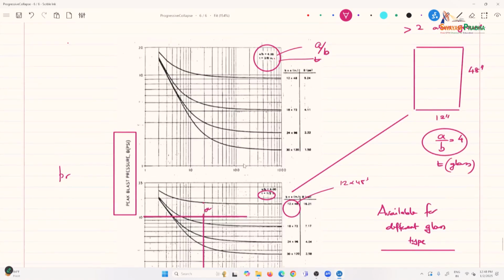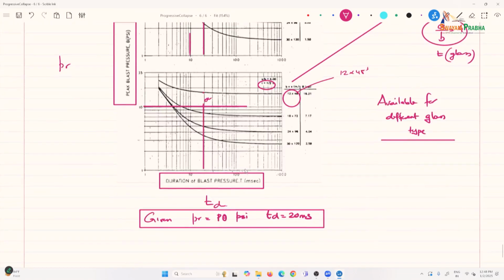Now let's look at 3/8 inch, 10 PSI, I'm sorry, 10 PSI coming from here, and TD is 20. So you're barely sufficient. So you can choose either thickness of glass to be 3/8 inch or 1/4 inch, half inch for design purposes.